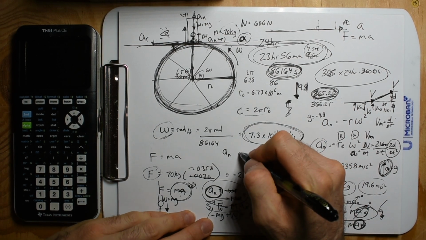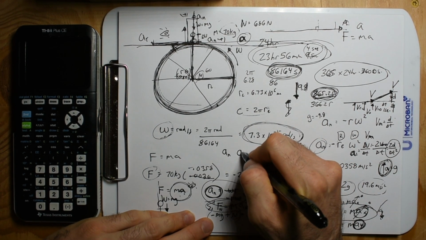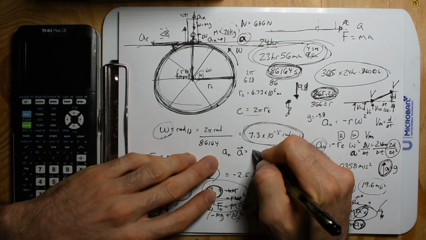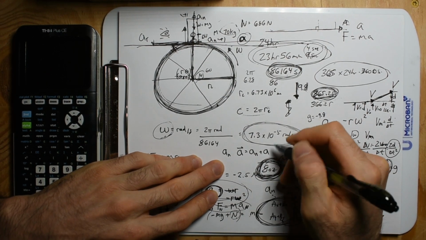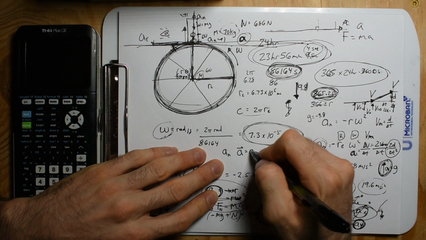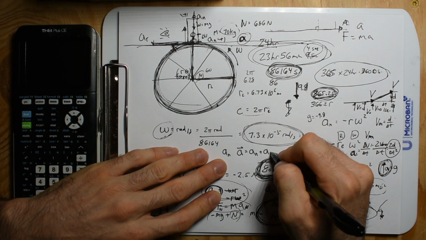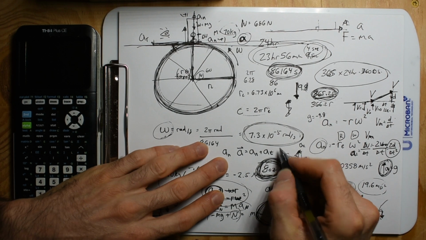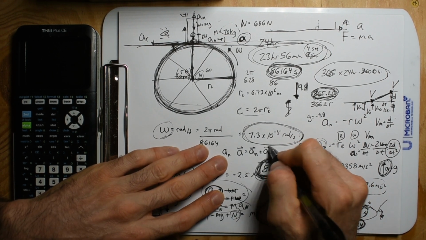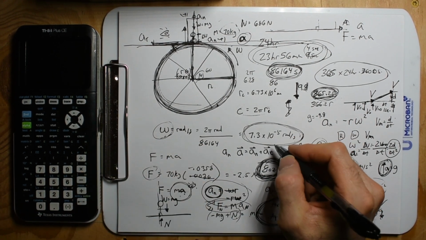And so your total acceleration, your acceleration as a vector, is going to be acceleration normal plus acceleration tangential, and these will also be vectors.